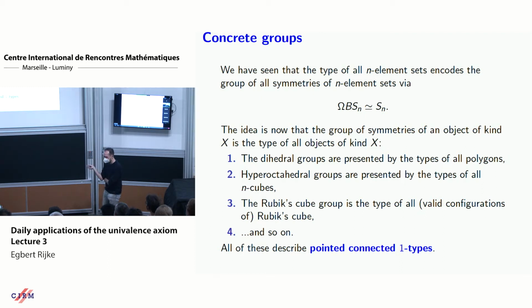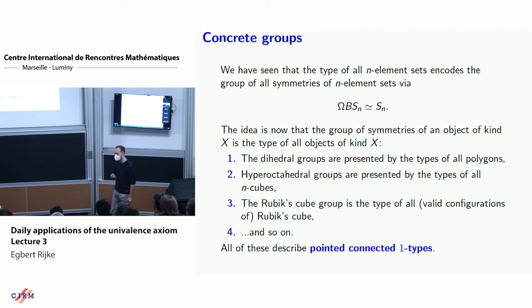Okay, so to connect back to the previous lecture, we studied this type BSn, which was the type of all n-element types. And this is, of course, a pointed connected type. We saw that it encodes the symmetry group on the set of n elements by just being the type of all n-element sets.